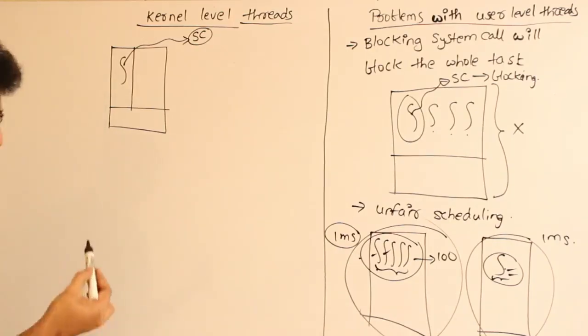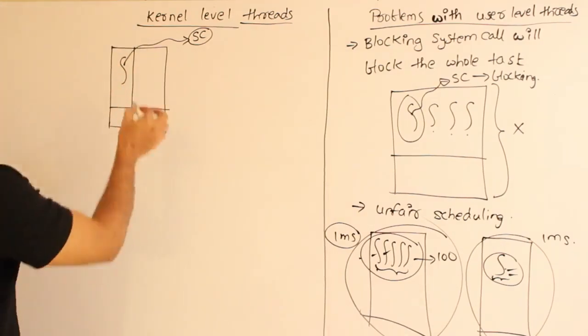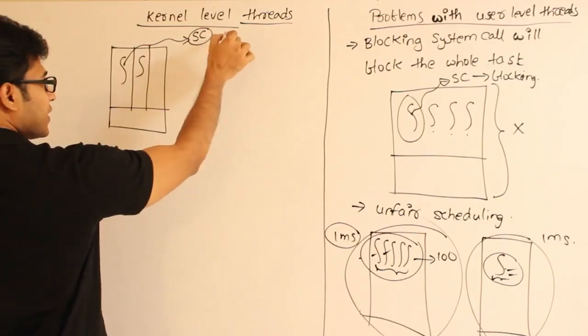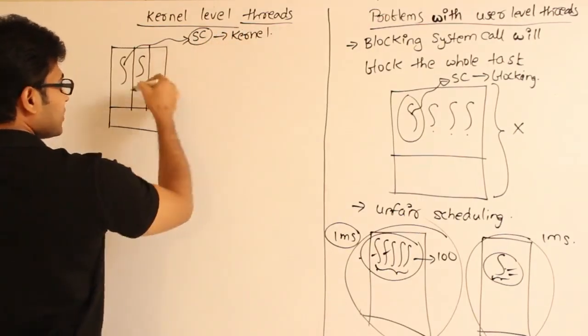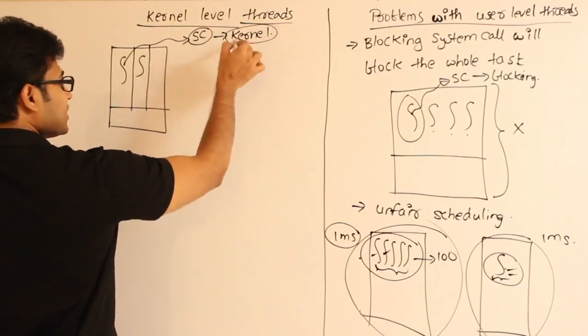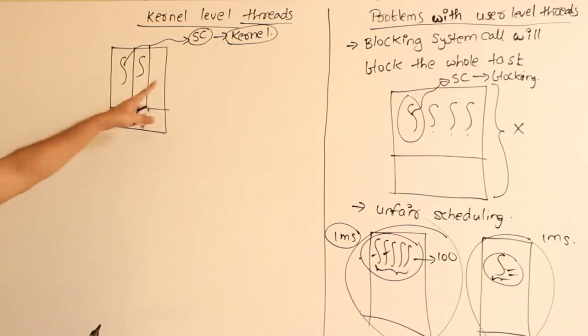Therefore, exactly like how we create a new process, a new thread will be created. Got it? A new thread will be created by whom? By the kernel, right? Therefore, the kernel is actually involved in the thread creation, and so the kernel knows what thread is created, and so the kernel knows how many threads are there in the task, right?